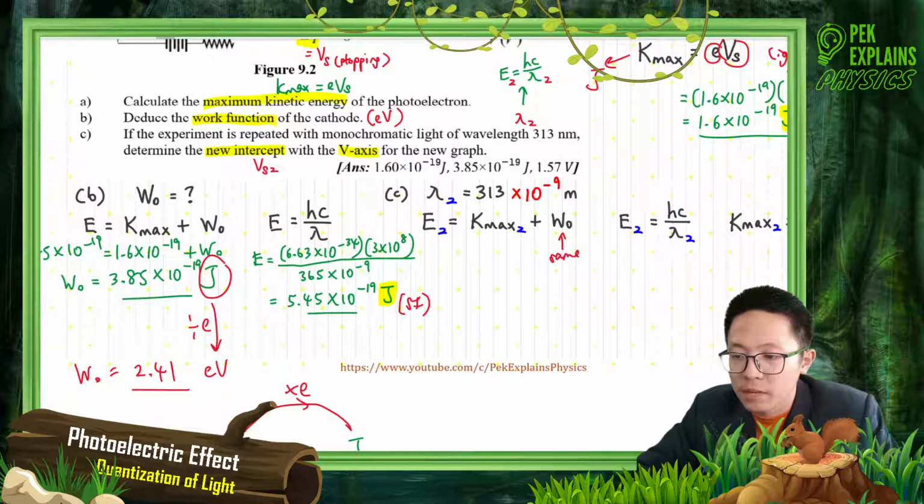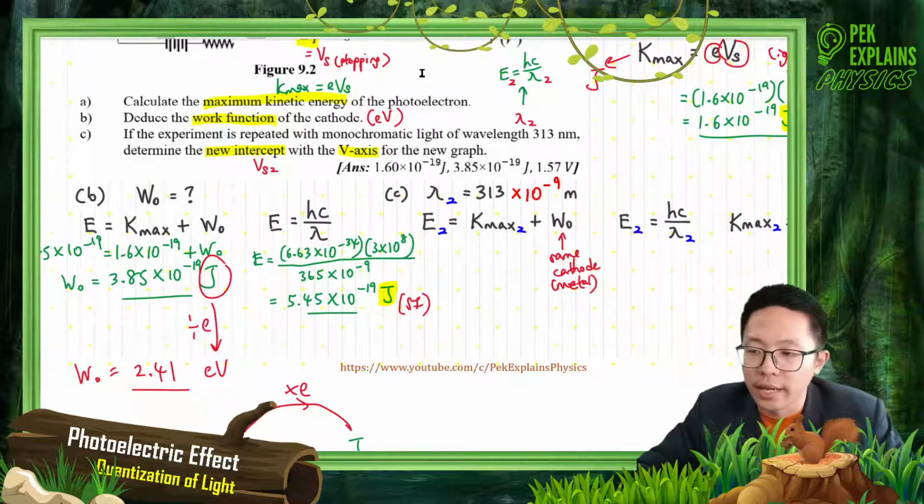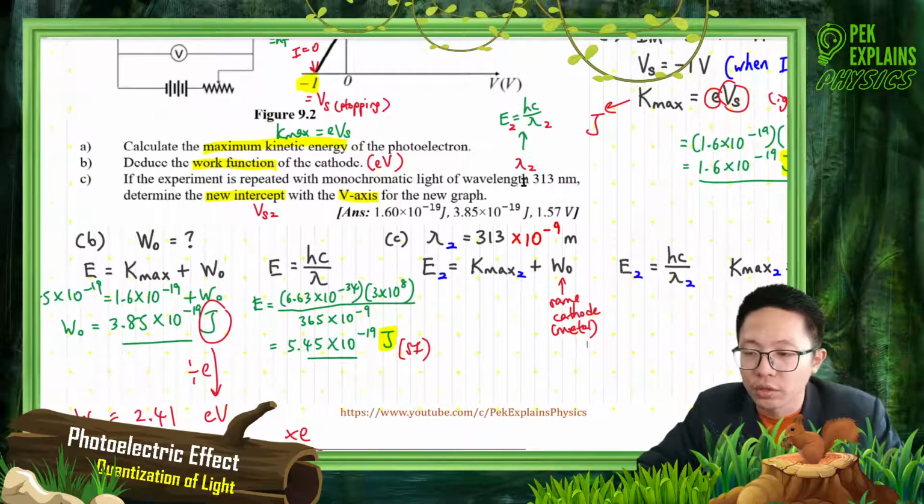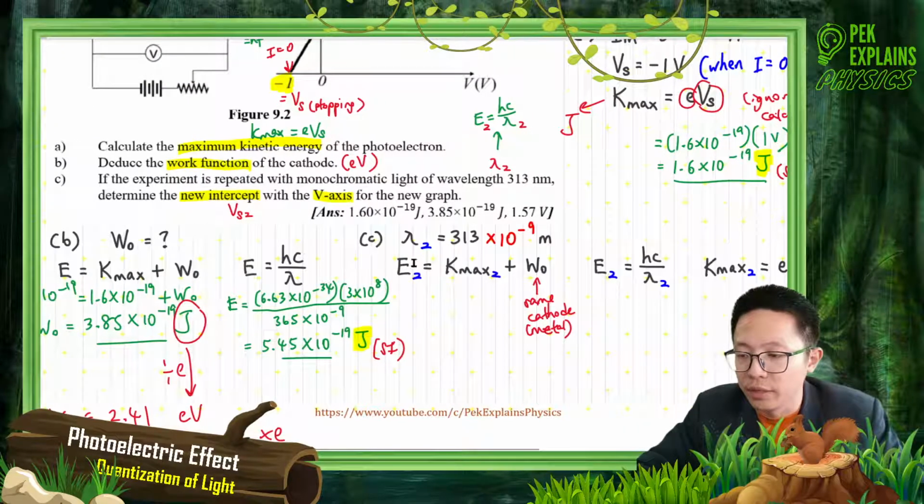Same cathode, same work function, same metal. So what is different is just the energy of photon. If the energy of photon is different, the Kmax is also different.